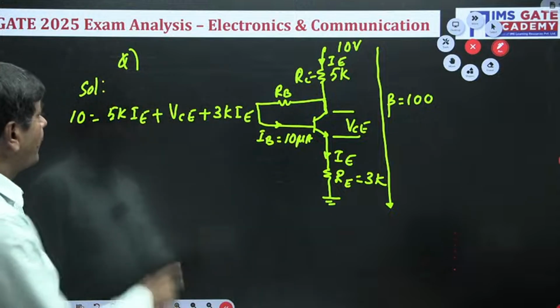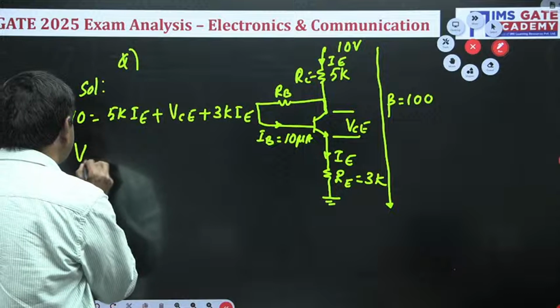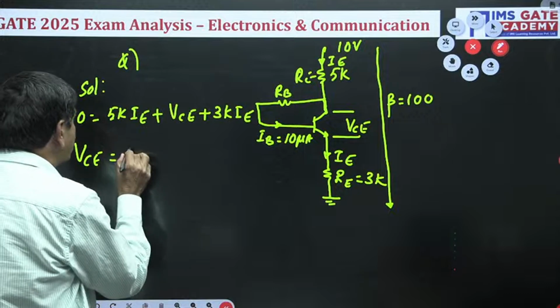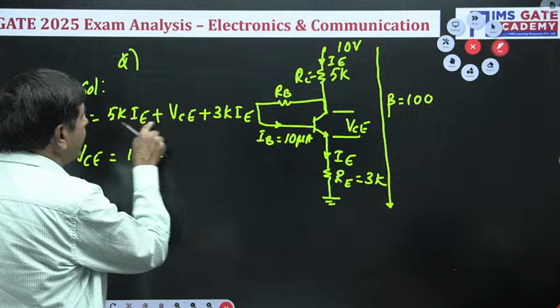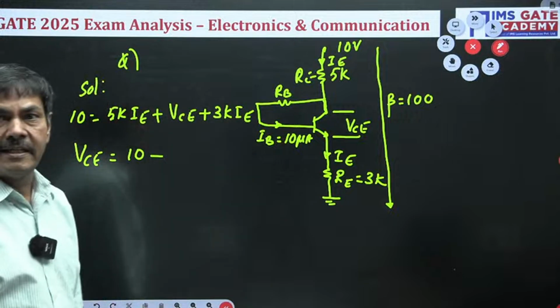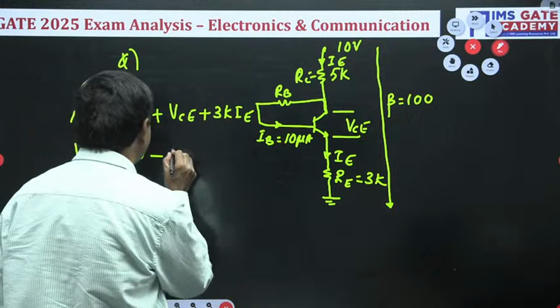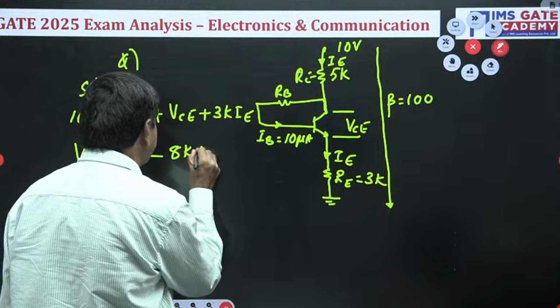My aim is to find VCE. VCE equals 10 minus 5K IE minus 3K IE, which is 8K IE.